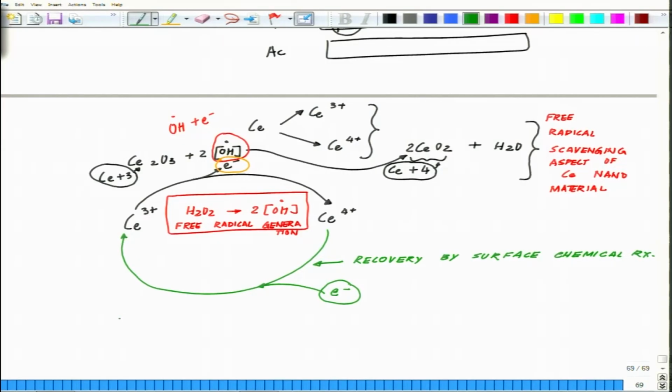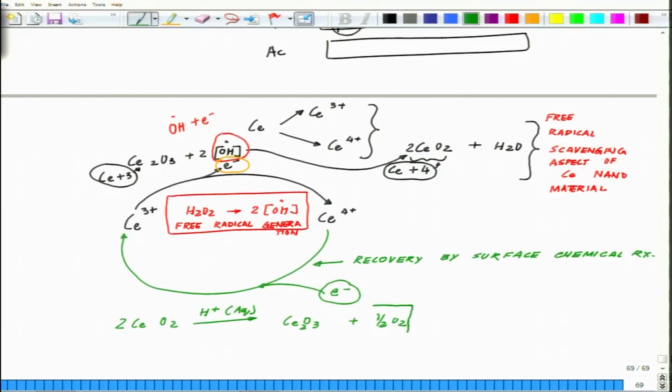So, what is happening is CeO2, which is oxidation state 4, and it has to be a slightly aqueous system, forms Ce2O3 plus half O2.